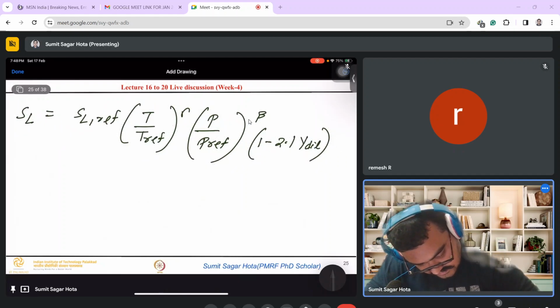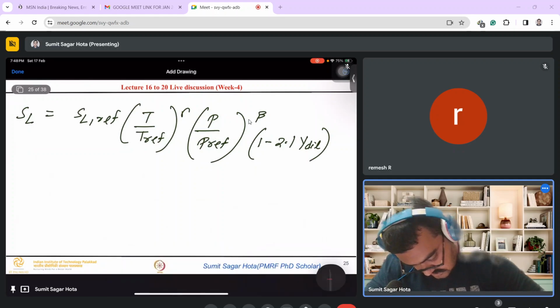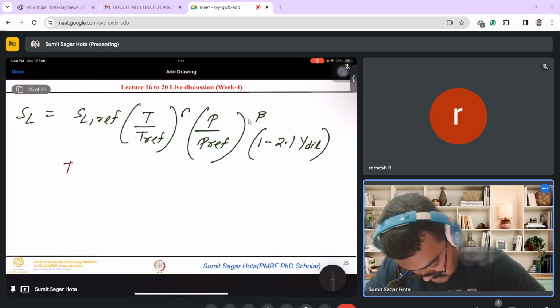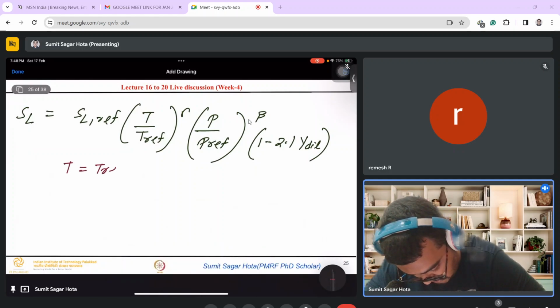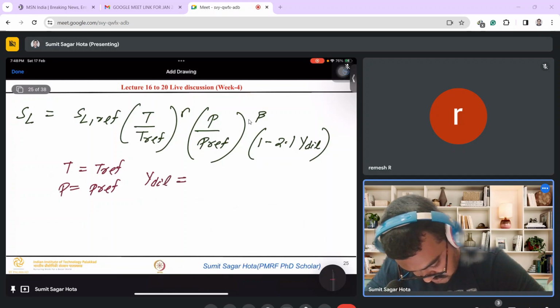So T is equal to T_ref, P is equal to P_ref, and Y dilution nothing given, so 0.